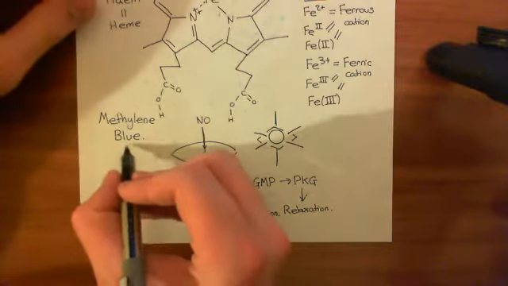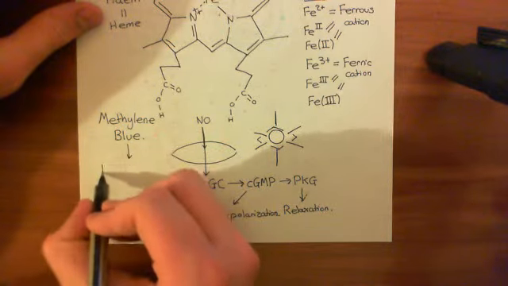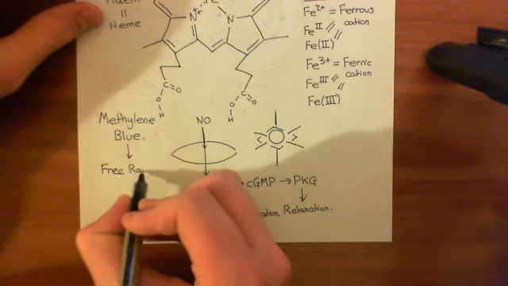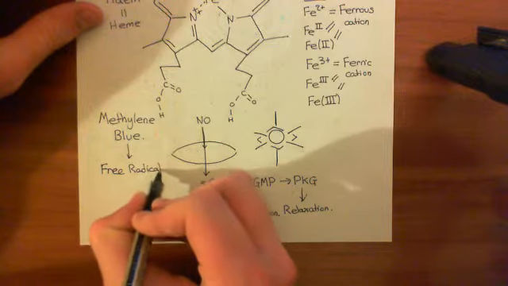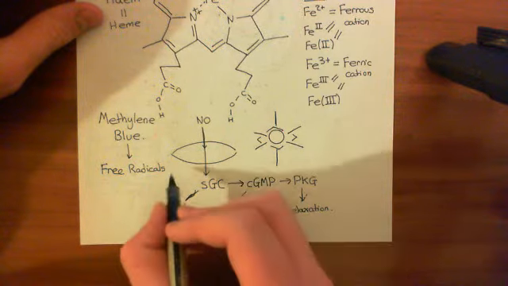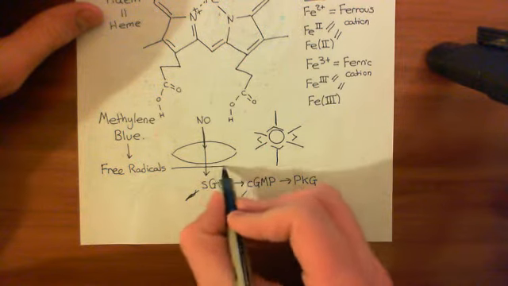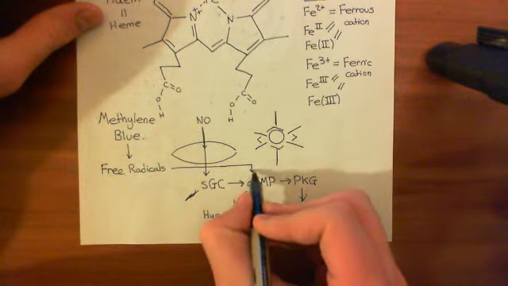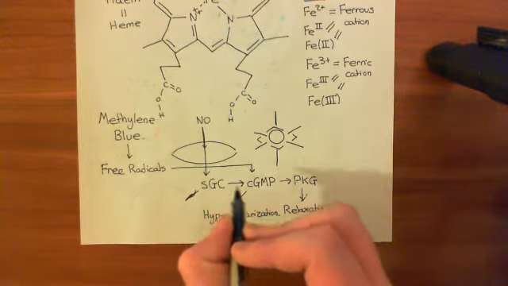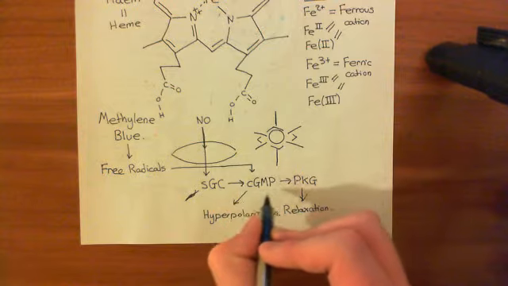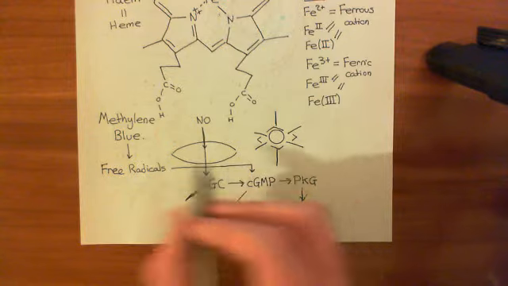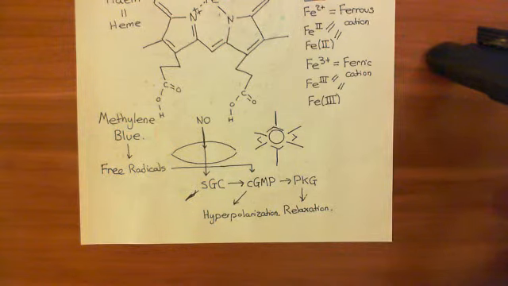Now, what methylene blue does is it creates free radicals, such as superoxide, and free radicals are going to destroy the cyclic GMP. They cause cyclic GMP to go down. So basically, it doesn't actually inhibit the soluble guanylate cyclase. Instead, what it does is it reduces the cyclic GMP. So even if soluble guanylate cyclase is active, this is just going to destroy all the cyclic GMP.